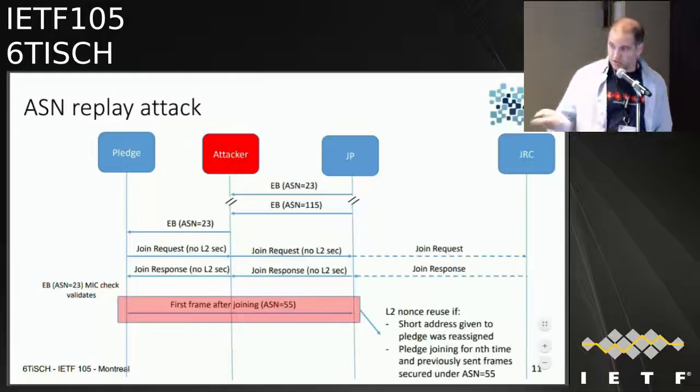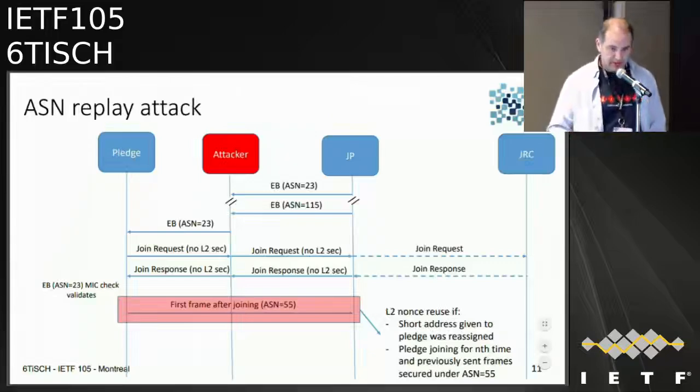Essentially, the nonce reuse happens in two cases, if I'm summarizing the mailing list discussions correctly: if the short address given to the pledge was reassigned, so the pledge was given a short address that was used with ASN 55 before, and if the pledge is joining for the nth time and previously sent frames secured under ASN 55.